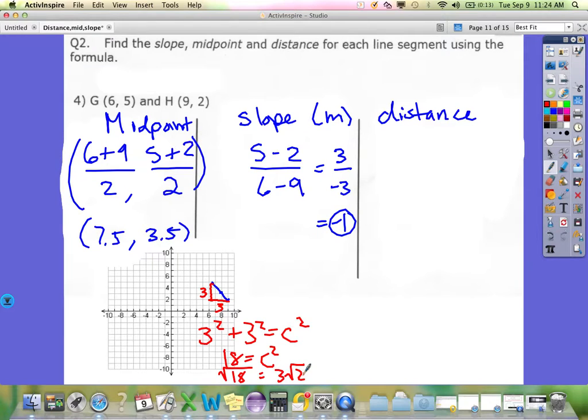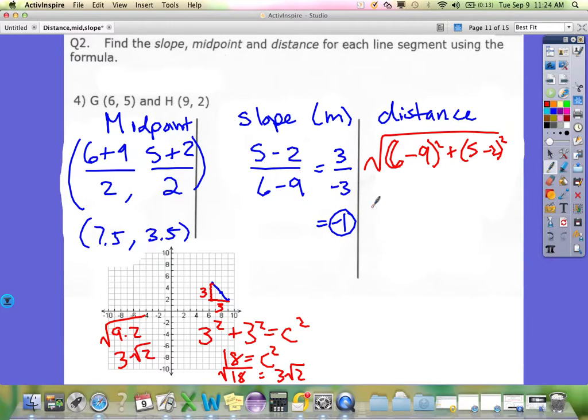Okay, so remember that the square root of 18 is 9 times 2, and that would be 3 radical 2, what I'm doing there. So I can also work this out using my distance formula. x minus x plus y minus y, negative 3 squared plus 3 squared.